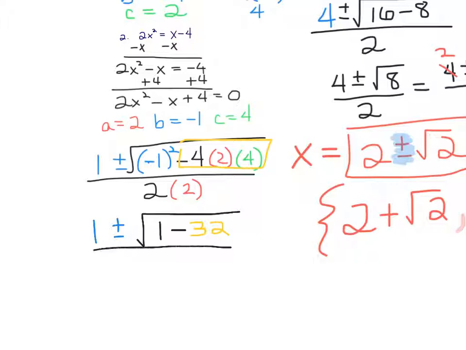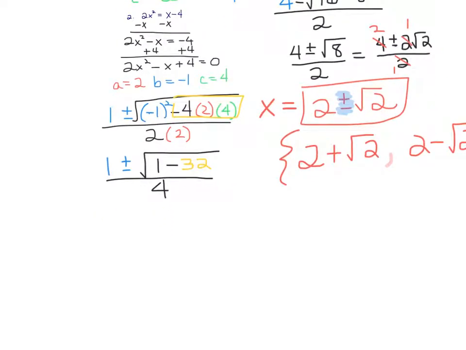In the denominator, 2 times 2 is 4. I now need to subtract what's underneath that radical sign, and I'm going to get 1 plus negative 31 over 4. In lesson 1.3, we learned how to deal with negative square roots. I can't break the 31 down, but I can break out the letter i.